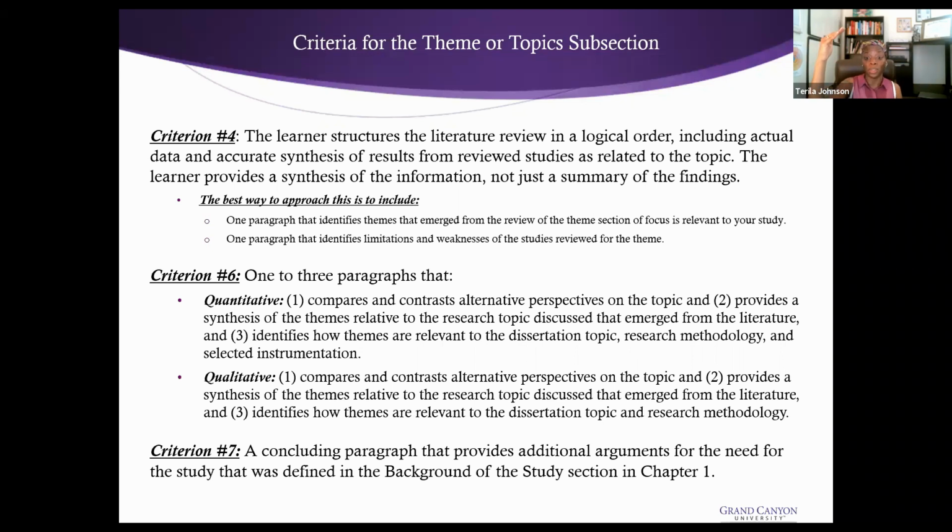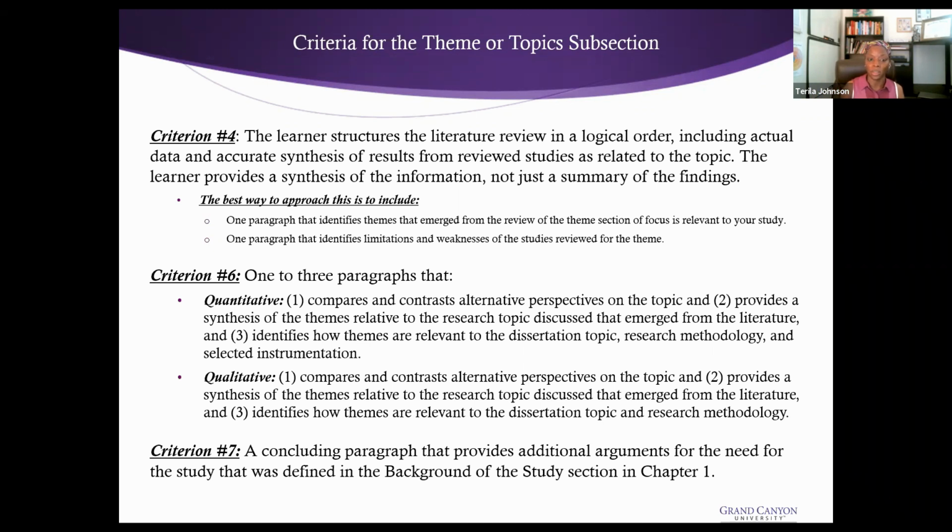Remember, I talked about that theme. So the themes that emerged in the review of the literature on that particular topic, that subsection of your review of the literature. And in an area that identifies some limitations and some weaknesses, because that demonstrates the area of opportunity that can provide some additional support and justification for your problem space. So that's criterion number 4.